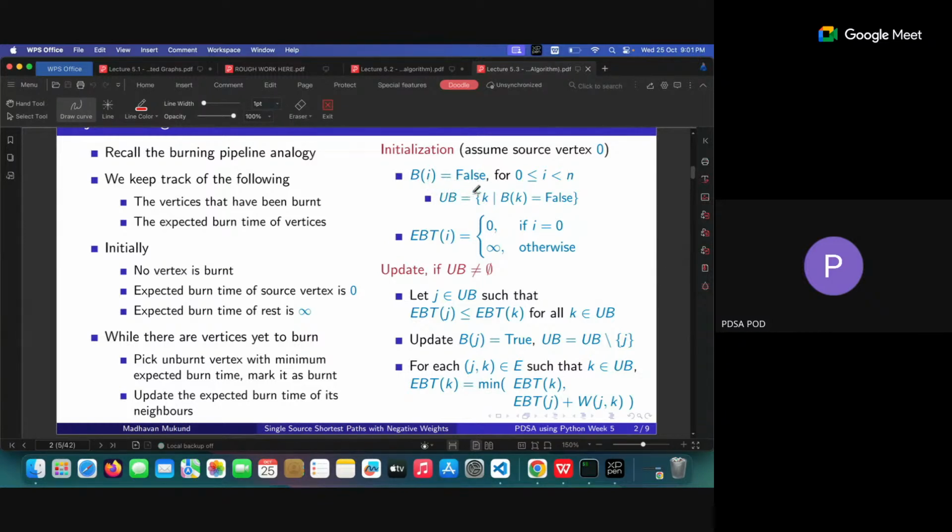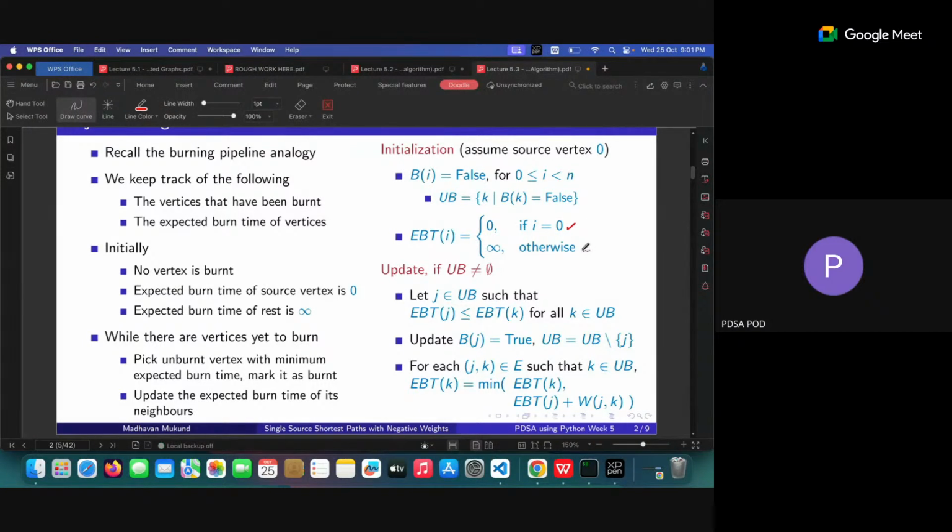Initially, burned vertex is false for each i from 0 to n. Unburned vertex, which is B of k, is also made false. Now the expected burn time for the starting vertex is 0, so for i equal to 0 we make the expected burn time 0.